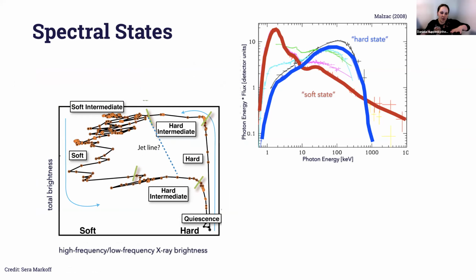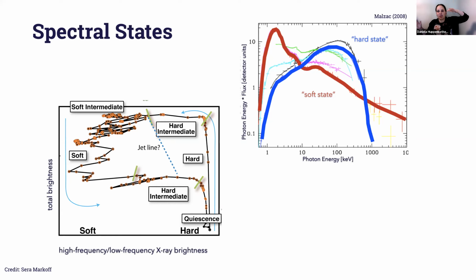And so these sources start out on the right, where the spectrum is very hard, and what you're seeing here is this ratio on the x-axis and the total brightness on the y-axis. And what happens is that as the amount of matter that gets dumped into the accretion disk increases, they first get brighter and they travel through this hard state, and then they hit a maximum brightness.